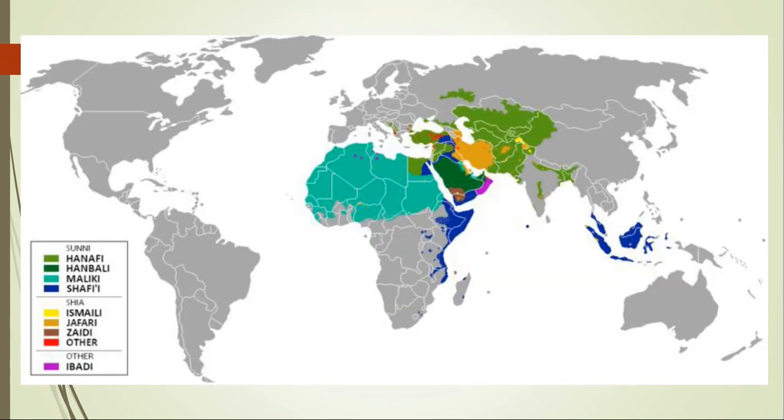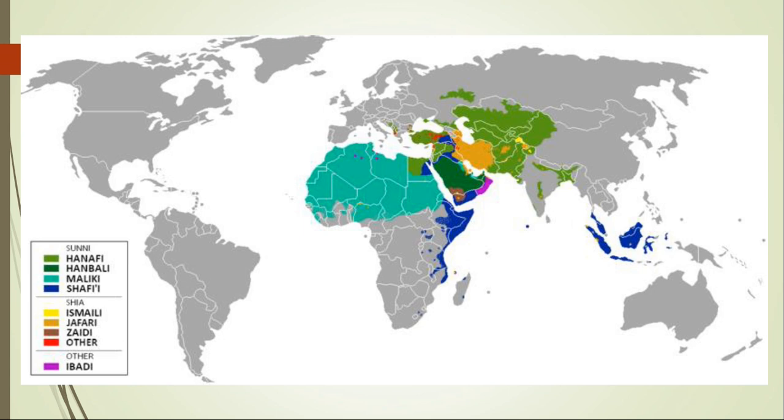If you were to look at this slide, you will see the distribution of scholars throughout the world. We have mainly two major parts in Islam, which is Sunni and Shia, and you see the green of Sunni: Hanafi, Hanbali, Maliki, Shafi'i, and then we also have the Shia: Ismaili, Jafari, Zaidi, and others.